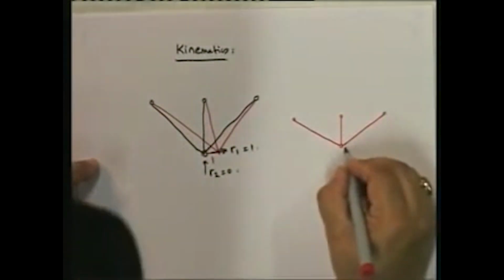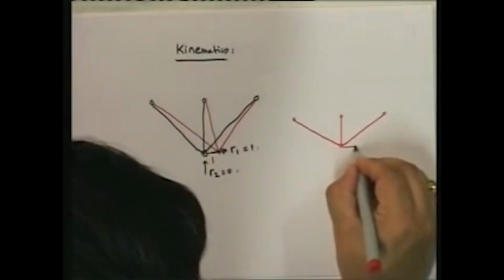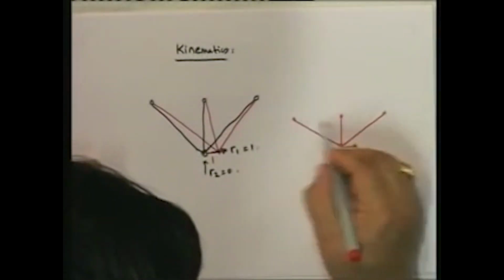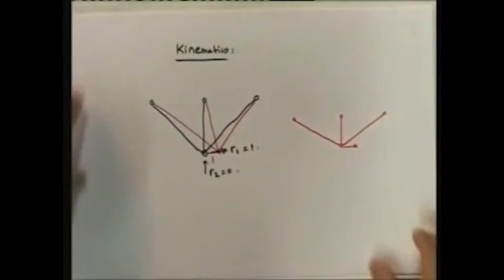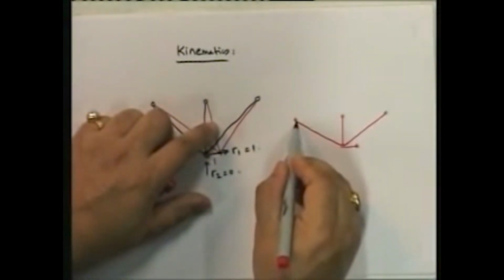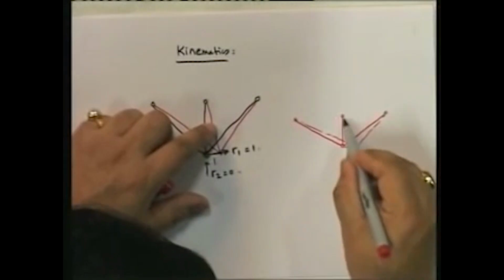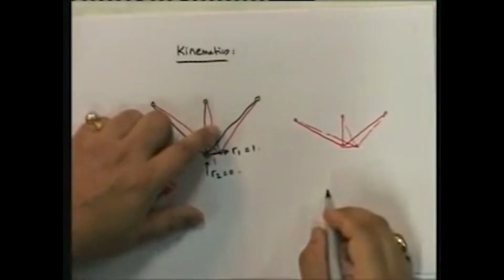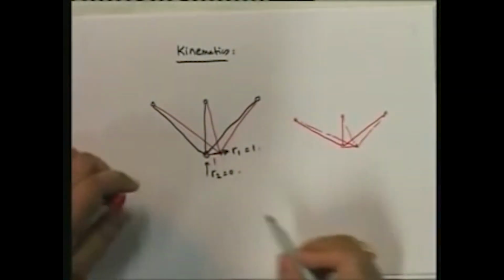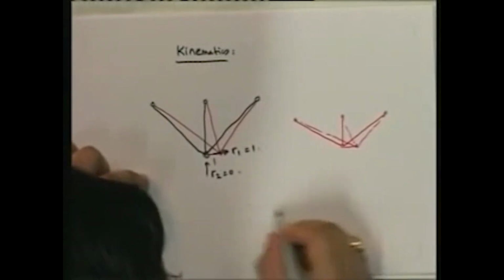Okay, now since this point has come here and these points remain where they are, your new lengths are this. I need to find out what the increase in length is. Let me take BD, AD.